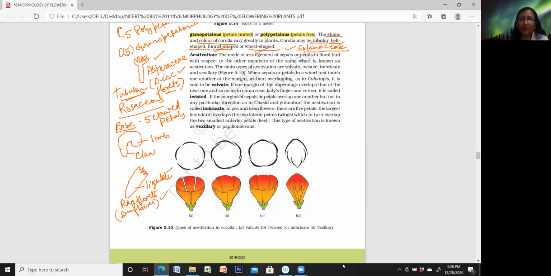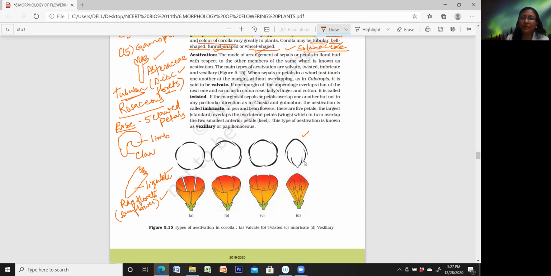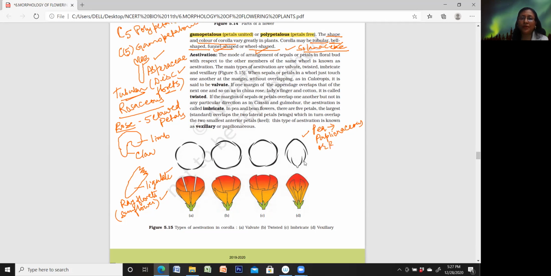Also, this particular shape which you see here given in the aestivation is also the shape of the corolla which is found in Pea, and it is papilionaceous, or butterfly corolla of Pea. And Pea means we are talking of the entire family Fabaceae.